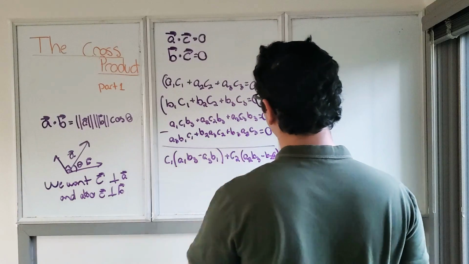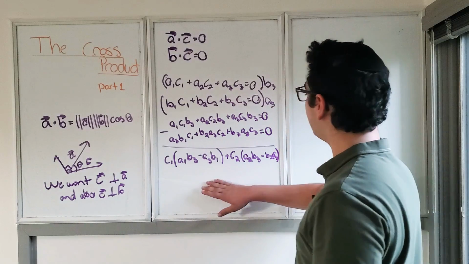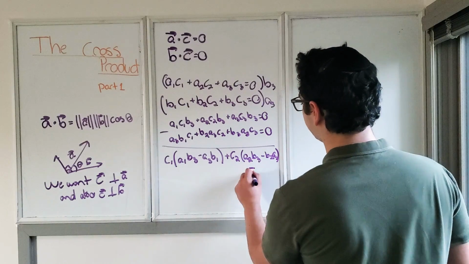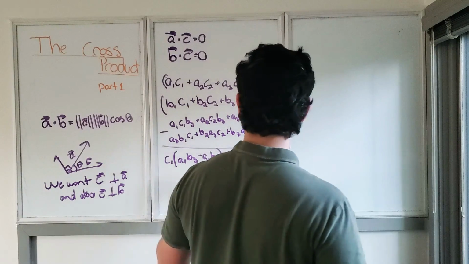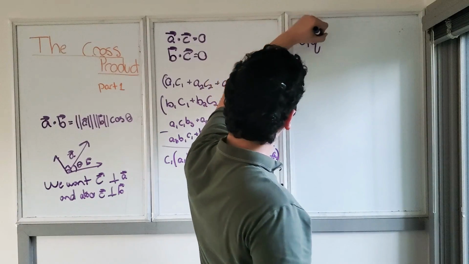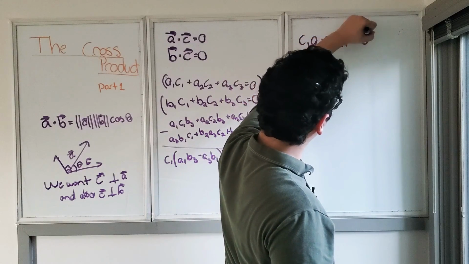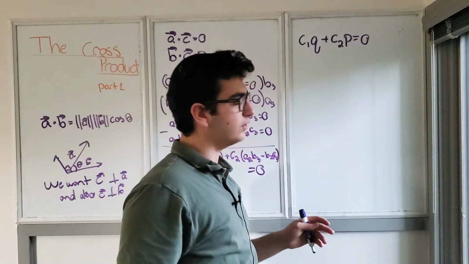And the C3 terms are all the same, so they're going to cancel out. So now we can see that, equal to 0, we have something in the form of C1 times some number plus C2 times some other number equals 0. And we need to find a solution to that.